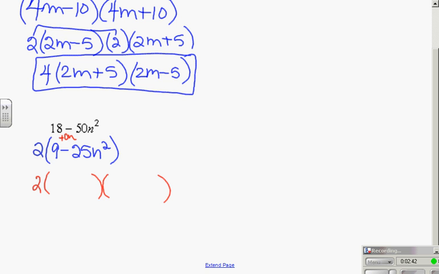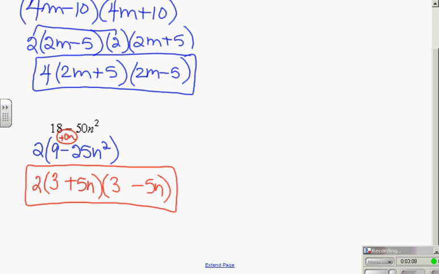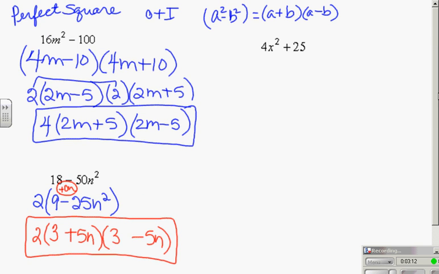If you wanted to think about plus 0n in the middle, you see that it's one of each, which factors of 9 and 25 are going to combine to make zeros. It's way more complicated than it needs to be. So we say 3 and 3, 5n and 5n, and when we check, that middle term drops out. And so this is the answer.